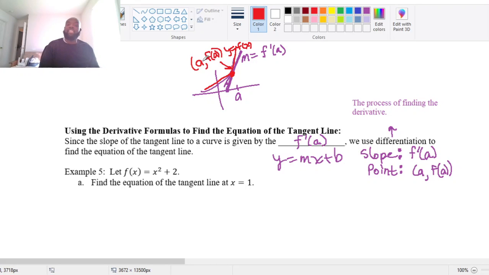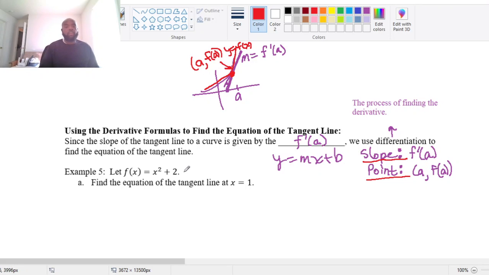Not only does this function pass through that point, but because this is a tangent line, that point is also on your tangent line. So for my slope, I find the derivative of my function evaluated at that input value. And the point that the tangent line passes through is going to have that same x coordinate, a, and I just plug it into the function, and that gives me my point.